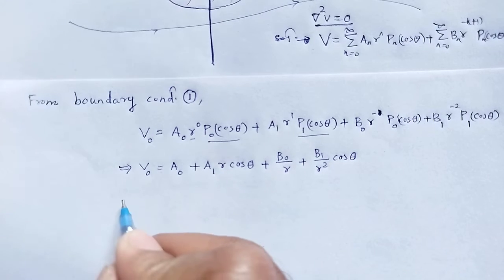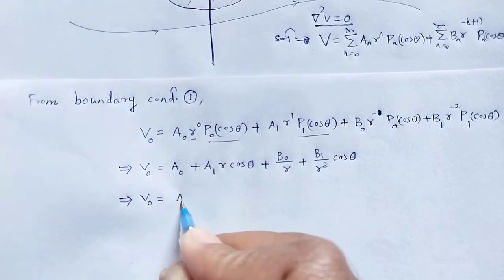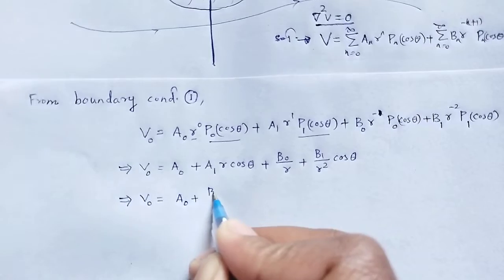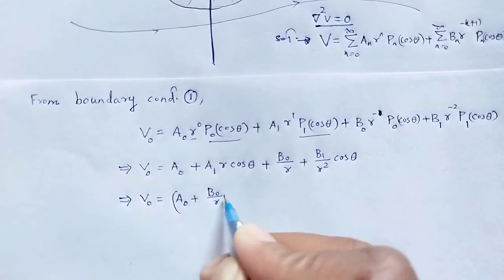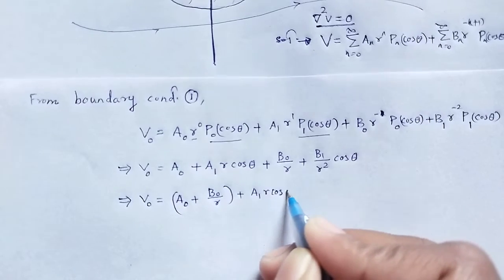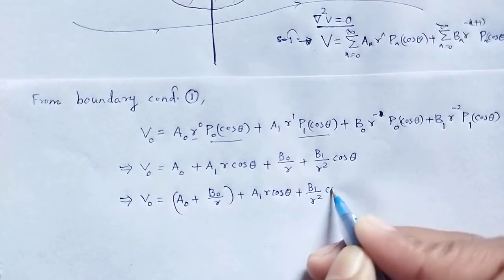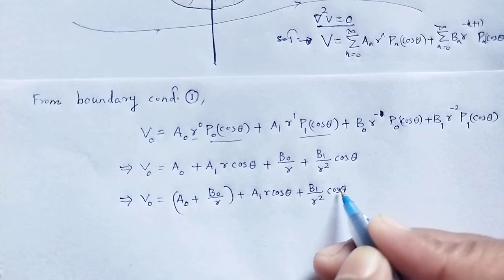which implies V naught is equal to A naught plus B naught by r plus A1 r cos theta plus B1 by r square cos theta.